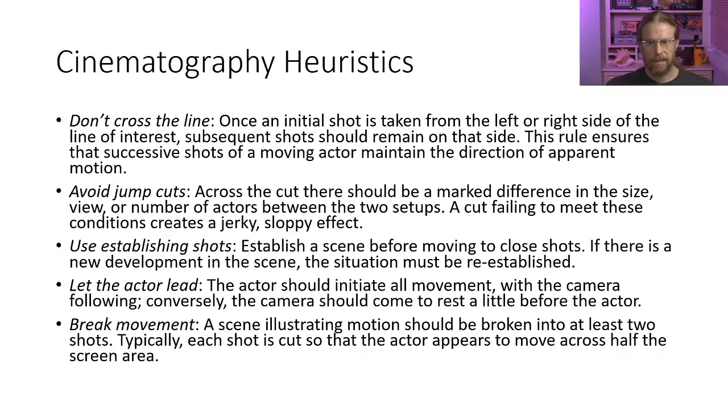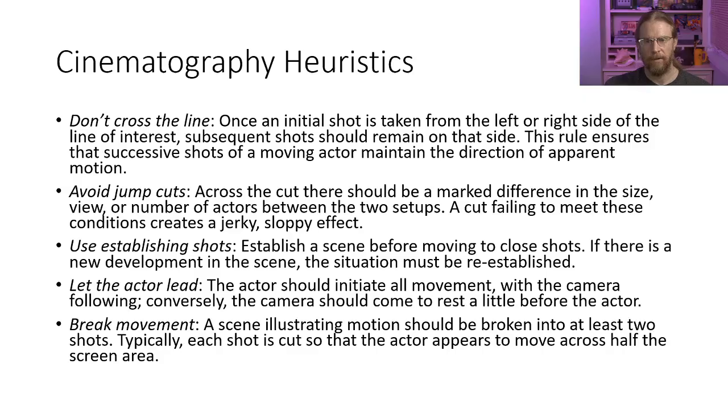So there are various heuristics. If you took a film class, you would probably learn some of these things. We saw an example of that line of interest at the beginning. One of these rules is you define a line of interest, maybe involving important characters that are interacting, let's say in a conversation. You don't want the camera to cross that line, because that changes the orientation of the characters, and it can be confusing to see character A on the left and character B on the right, and then you switch to the opposite by swinging the camera all the way around.